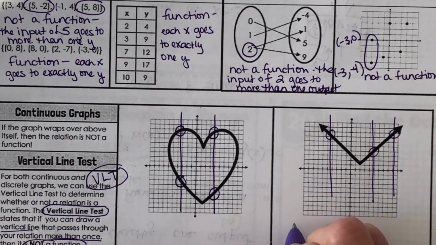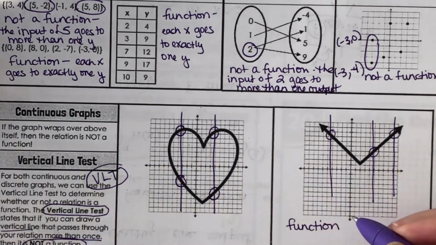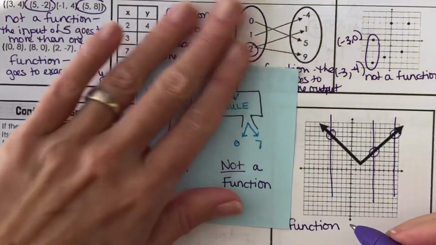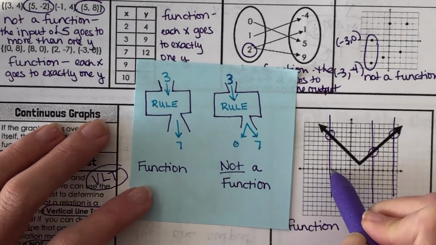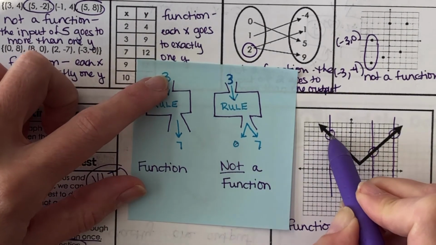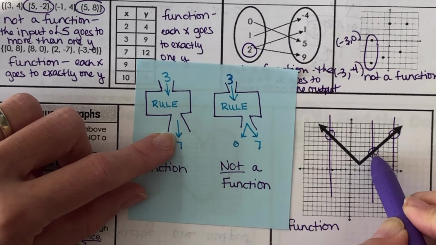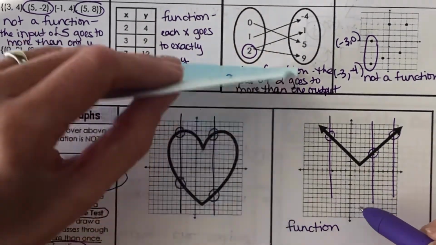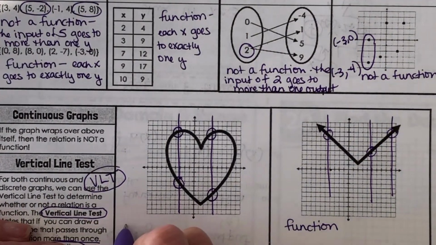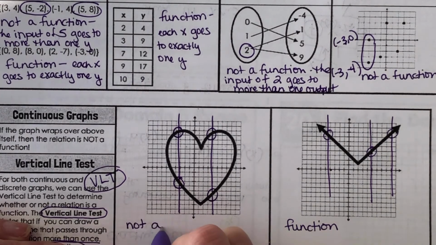So this is a function. This is an example of a function because no matter what my x value is, I'm only going to get 1 y value as a result. Here's an x value, I only have 1 y value. So that is an example of a function, and my heart is not a function.